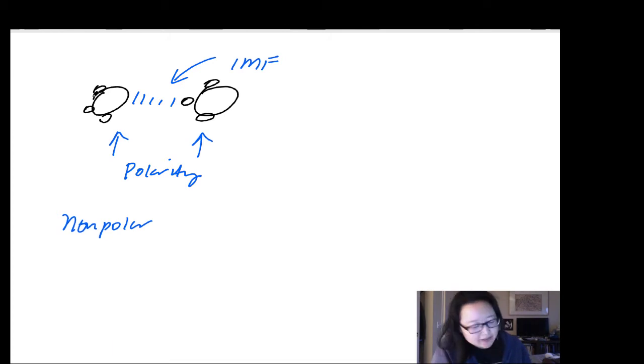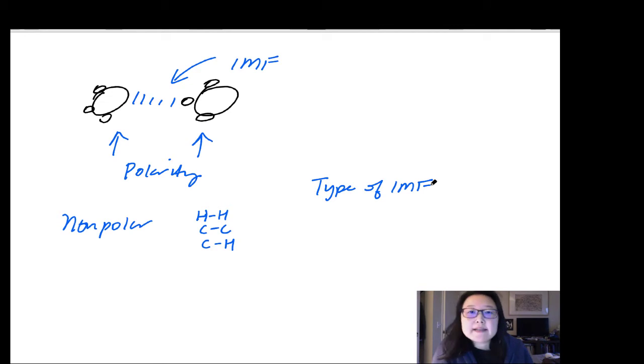So nonpolar will tend to have molecules that have C-C bonds, H-H bonds, or C-H bonds. Remember, these are not very polar. It could also mean that the dipoles cancel out. That also makes it nonpolar. The type of IMF between nonpolar molecules is called the London dispersion force, or just dispersion forces.